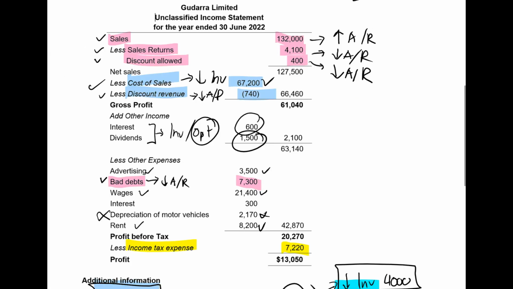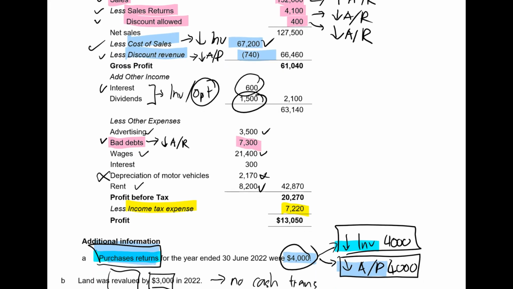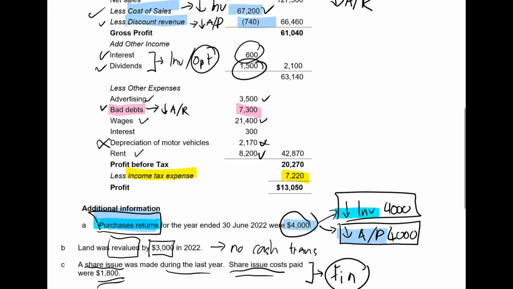The question didn't mention whether to put your interest and dividend received into investing or operating, so you can put it in either. It doesn't matter. In my solutions over here, I'm going to put it in operating. So I'm done with my interest and dividends received.